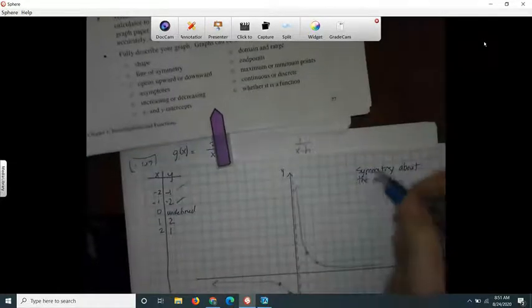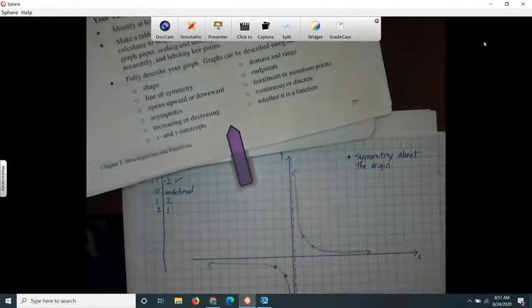So when I'm describing my graph, I'm going to look at all the things that they want me to talk about, but sometimes they don't really apply. Like this one opens, like opening upward and downward, that's something we would talk about for a parabola. There's an asymptote.